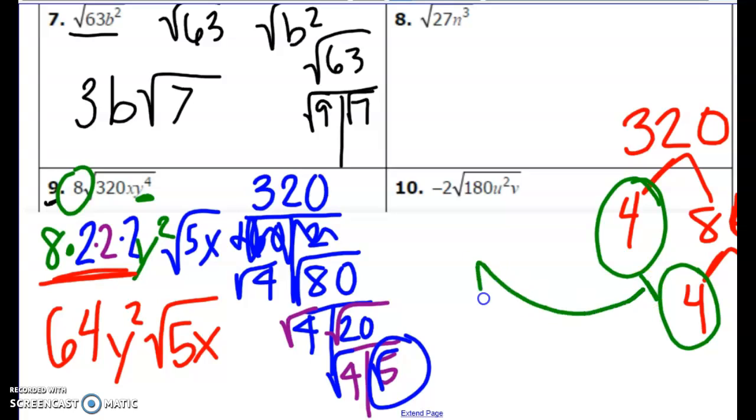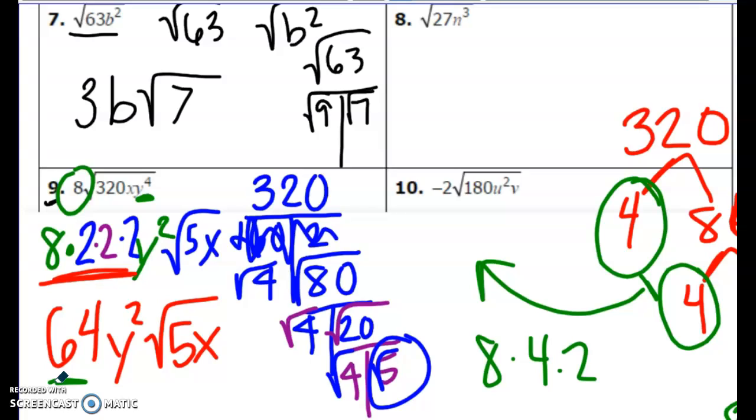Well, you could also pull out a pair of 4's. And then here, this gives you 4 and 5, and you could break it down into 2 and 2 and pull out a pair of 2's. That might have been faster. And so then you would have had 8 from over here times 4 times 2. Would that get you to the same place? Would that still get you to 64? The answer is yes. It just might be a little bit faster method of getting there.